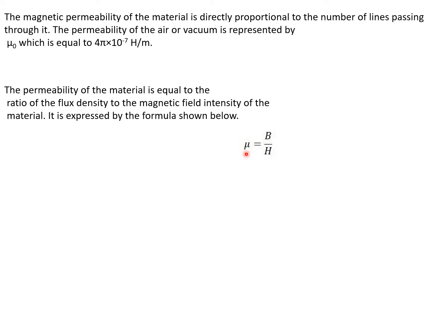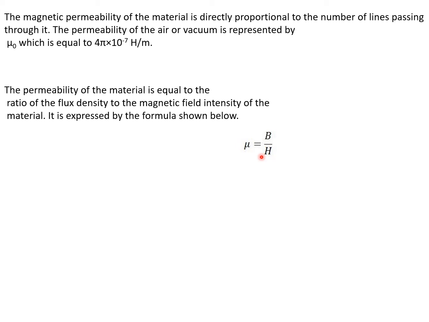See this, this is mu, and it is defined as the ratio of magnetic flux density to the magnetic field strength, that is B upon H. Always remember that permeability is divided into two.